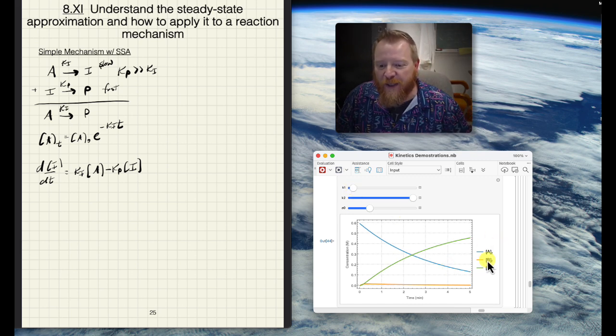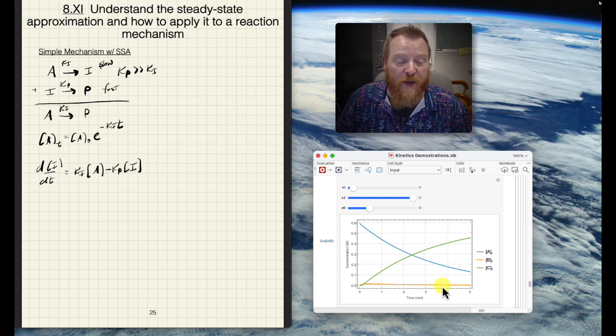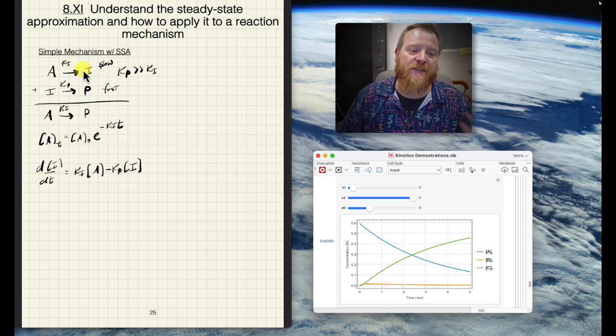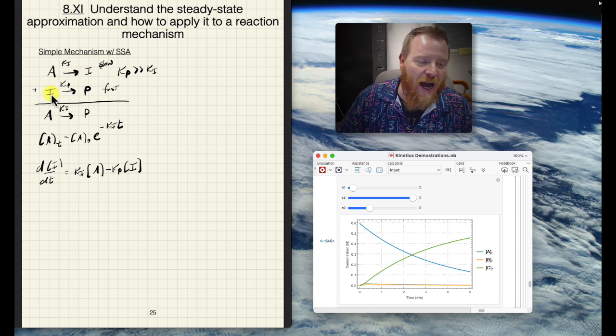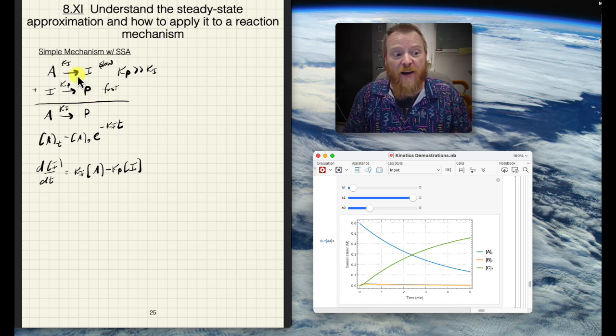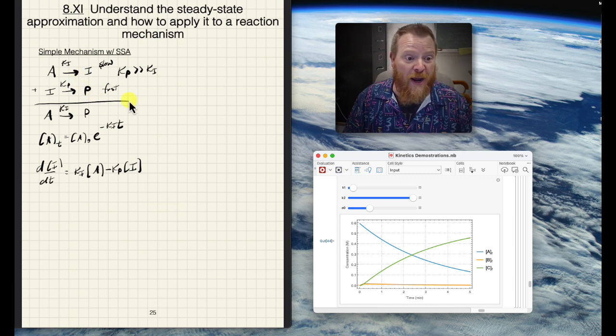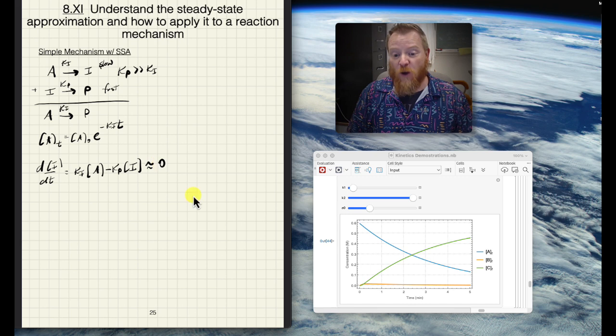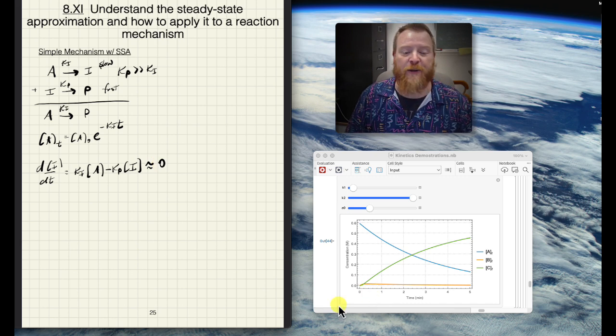Second, if we look at my intermediate, which in this model is B, you can see it is being produced at a steady rate. In other words, because the first step is slow, I is lagging, and as soon as I is produced, it's consumed, so its rate of formation and its rate of destruction is roughly equal to 0. We can see that from its slope right here.